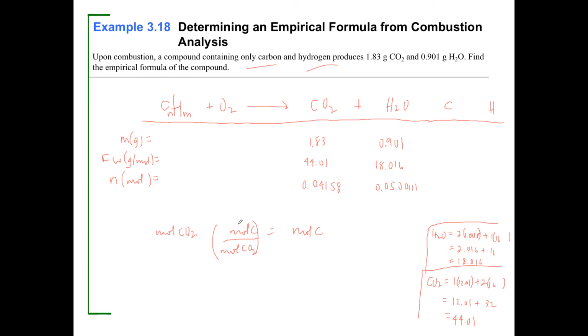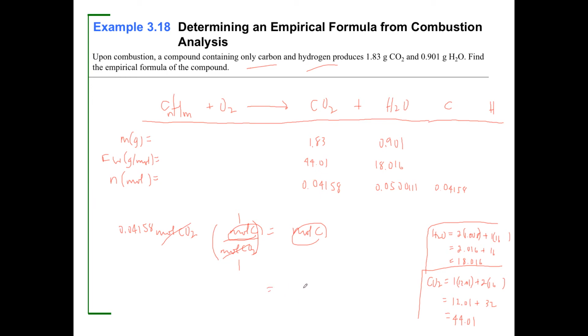How many moles of carbon for every mole of CO2? I had 0.04158 moles of that, right? These cross off. I'm left with carbon. It was a 1-to-1 ratio, so I'm going to have 0.04158 moles of carbon.